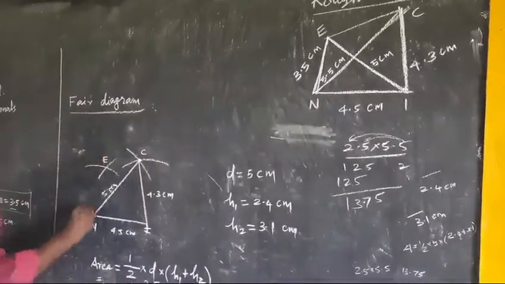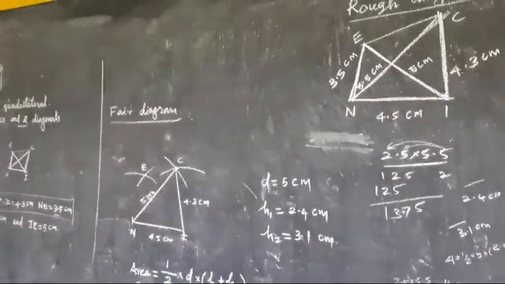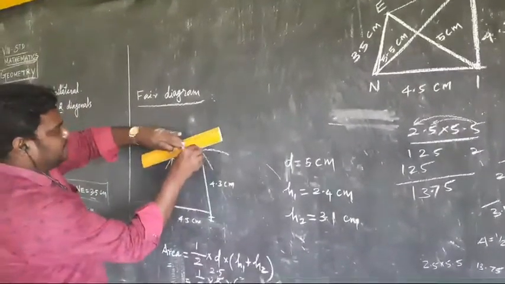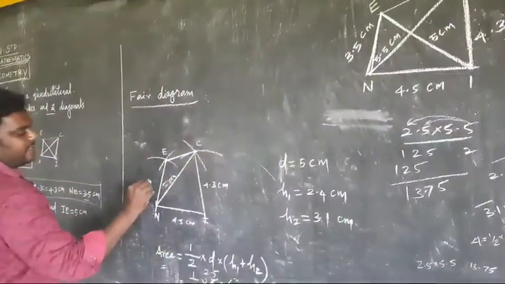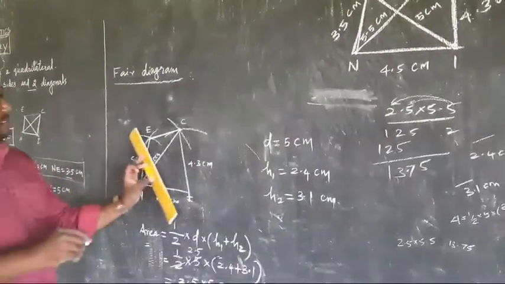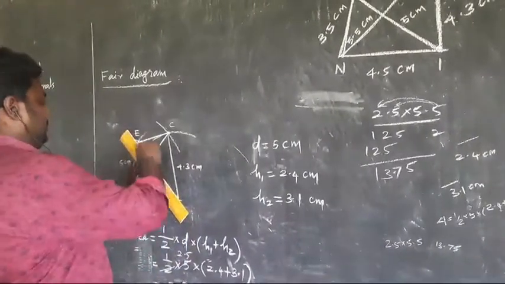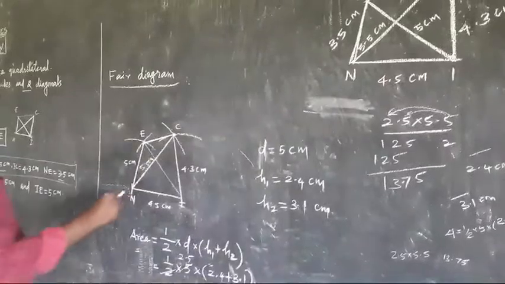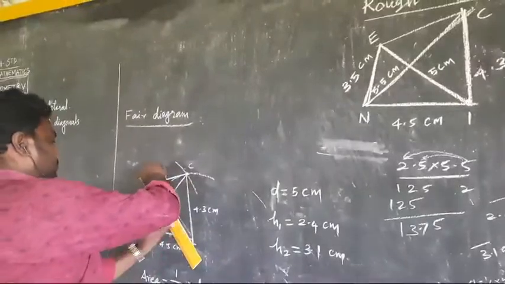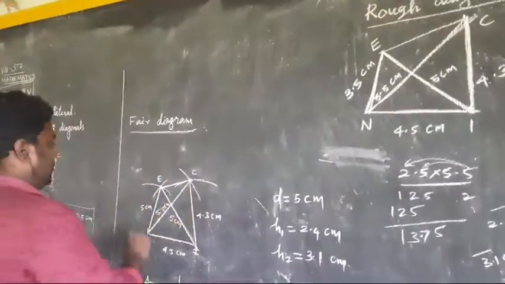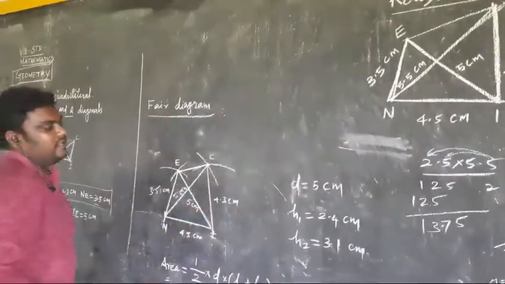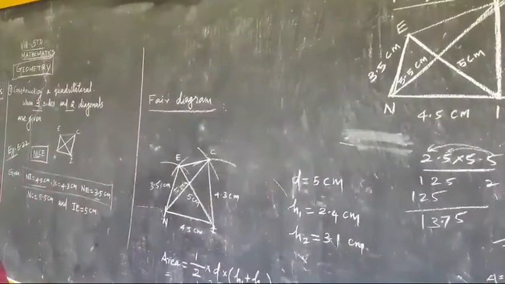So this is the point E. Next I join the points E and N. So this line is 5 centimeter. Based on this line, 3.5 centimeter. Based on this line, I will draw H1 and H2.